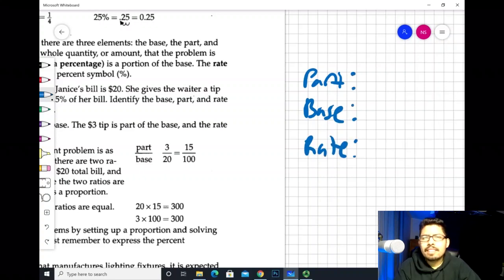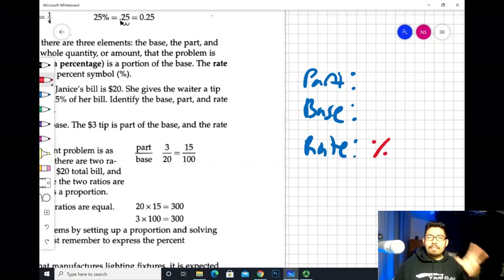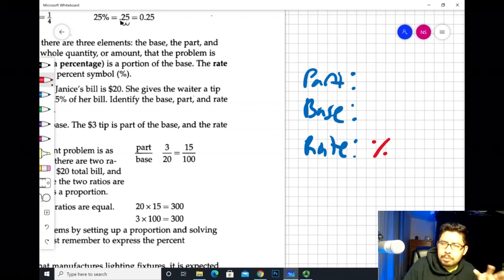So knowing what each of them means. I'll start with the easy one. The rate, my friend, is always going to be your percent. If you are given a question, and there are many different types of percent questions out there, right? But if they give you a question like this, and you know it's similar to proportions, they want you to find the missing number of some sort, but you're given a percent instead of just a normal number.